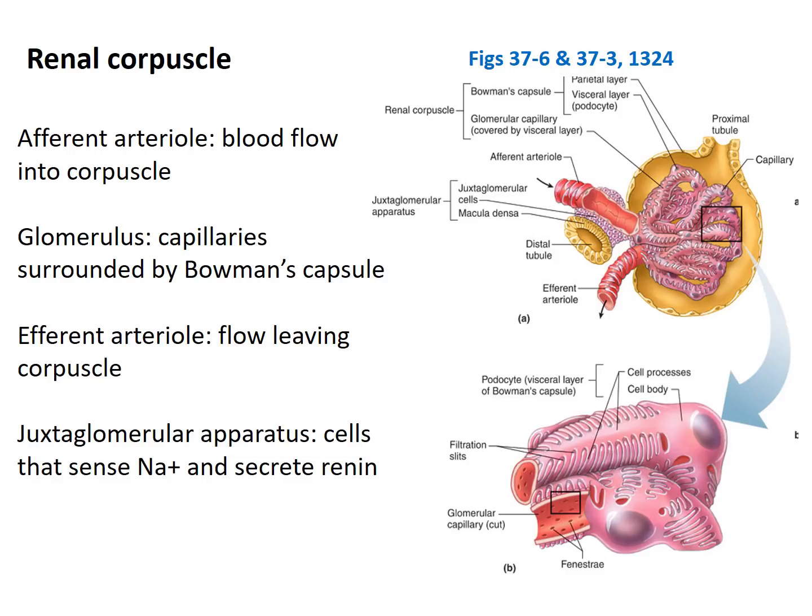Now the glomerulus is able to sense perfusion, and when it senses a low perfusion state, it's going to release renin. So the renal corpuscle can sense pressure, perfusion, and when it senses low states of perfusion, it will release the renin enzyme and begin that renin-aldosterone cascade where we will recover sodium and water.